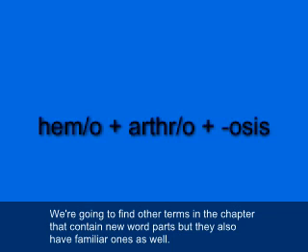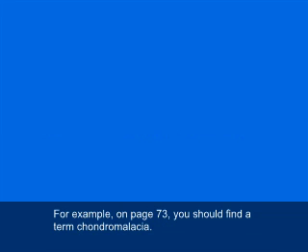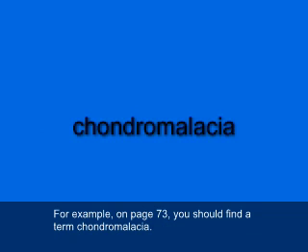You're going to find other terms in the chapter that contain new word parts, but they also have familiar ones as well. For example, on page 73, you should find a term chondromalacia. This breaks into two parts.